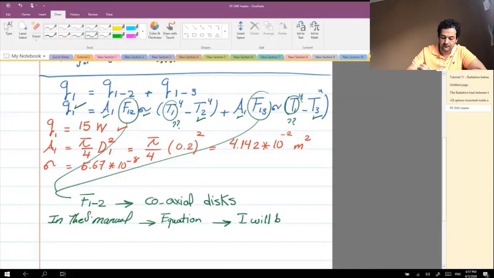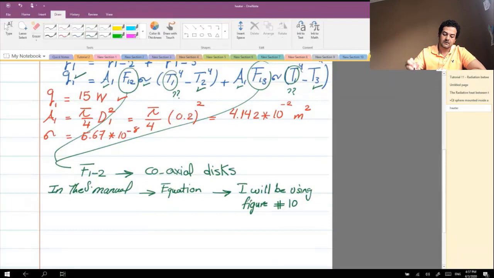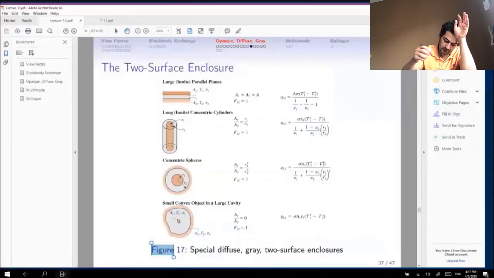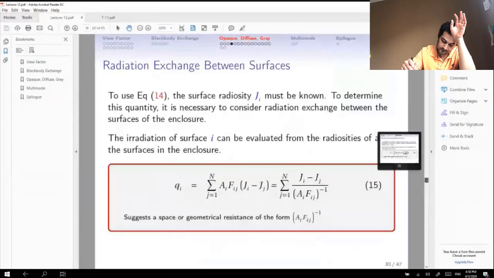I will be using figure number 10. Right? So the first thing that we have to know is as long as we have a common configuration, F12 can be obtained. So let's get back to figure 10.